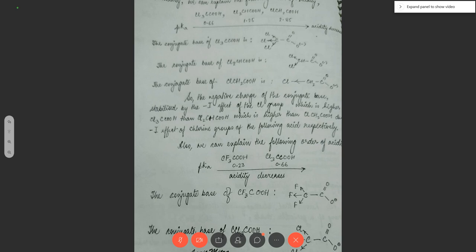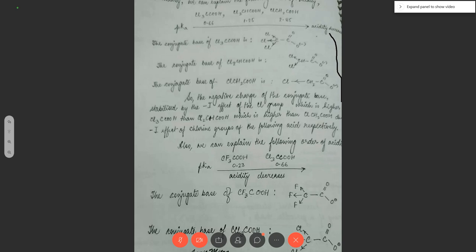Trichloroacetic acid pKa 0.66, dichloroacetic acid 1.25, and chloroacetic acid 2.85. The structures of the conjugate bases you can see from the picture. The negative charge of the conjugate base is stabilized, as I said, by the minus I effect, the inductive effect by the chloro group, which is higher in Cl3COOH, trichloroacetic acid.